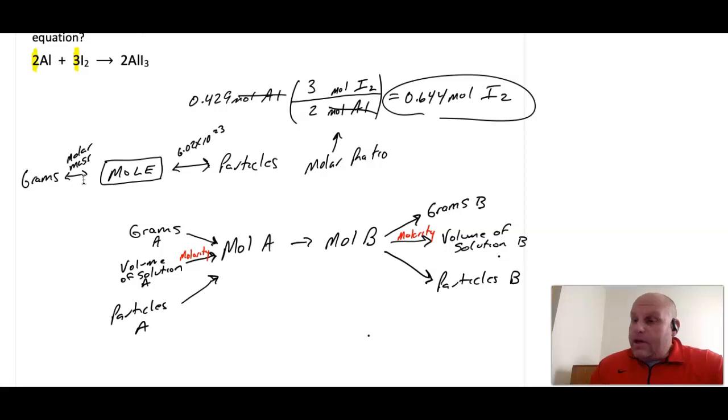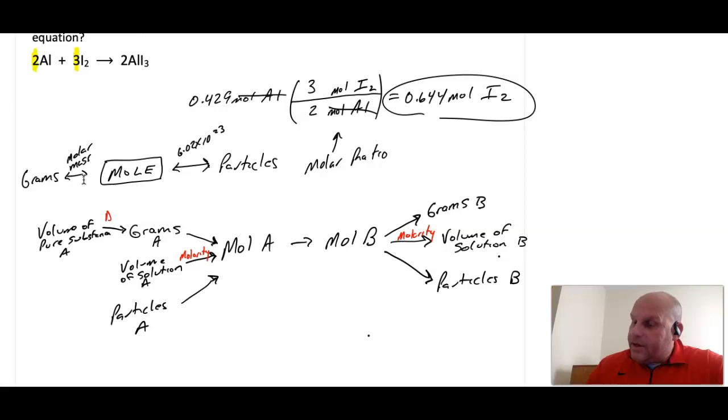One other thing that we can do at this point, we've also seen and worked with density of a pure substance. So if I had volume of a pure substance A, I could convert to grams of that using the density.